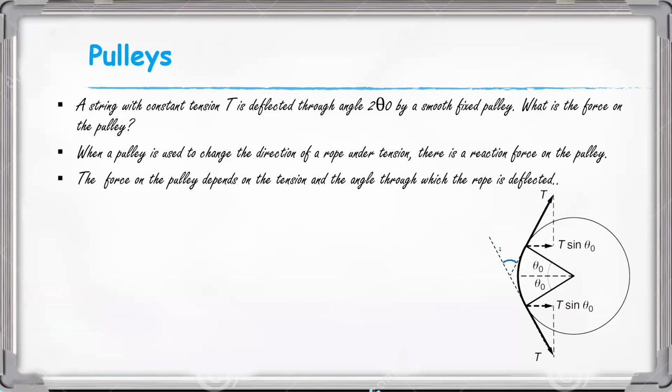Here this angle must be 2 theta 0, and we know that the reaction force on the pulley, let it be the reaction force F, depends on the tension and the angle through which the rope is deflected.